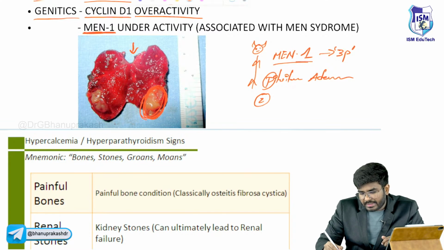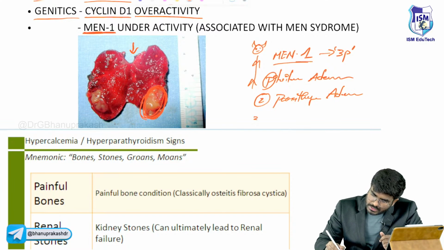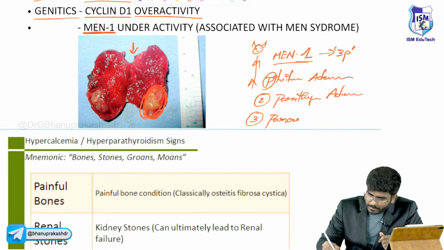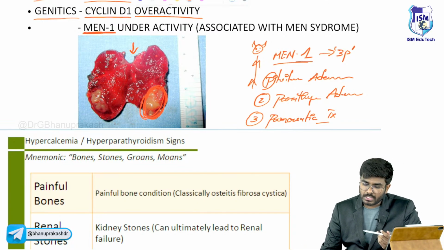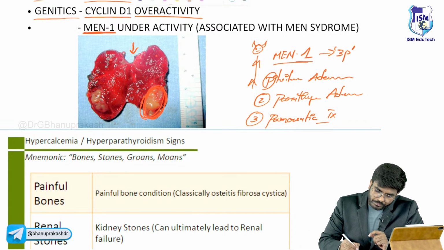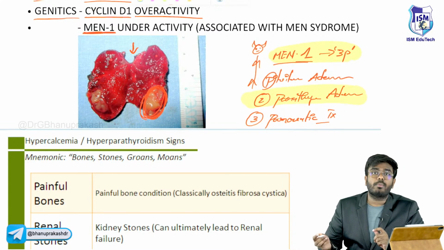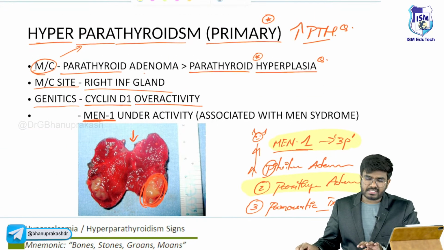Second P is parathyroid adenomas, parathyroid related tumors. And third P is pancreatic tumors, insulinoma, glucagonoma, gastrinoma kind of tumors. So, in MEN 1 syndrome, the patient can have parathyroid adenomas. Simple.